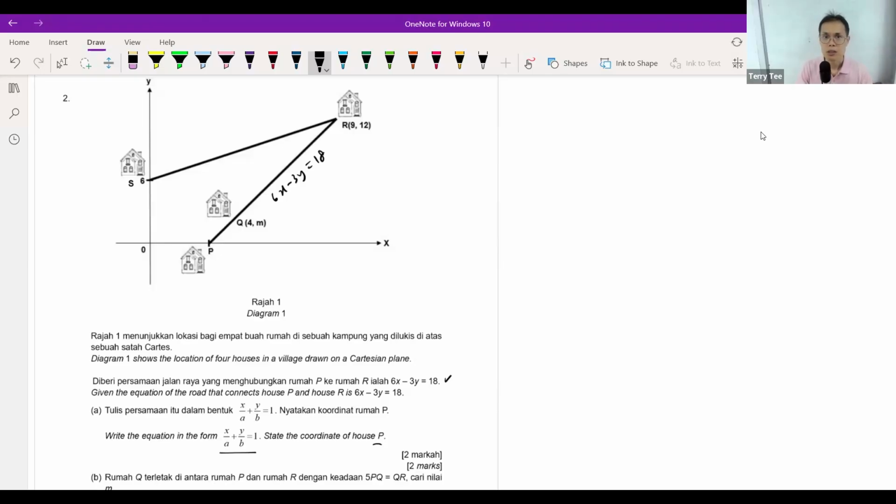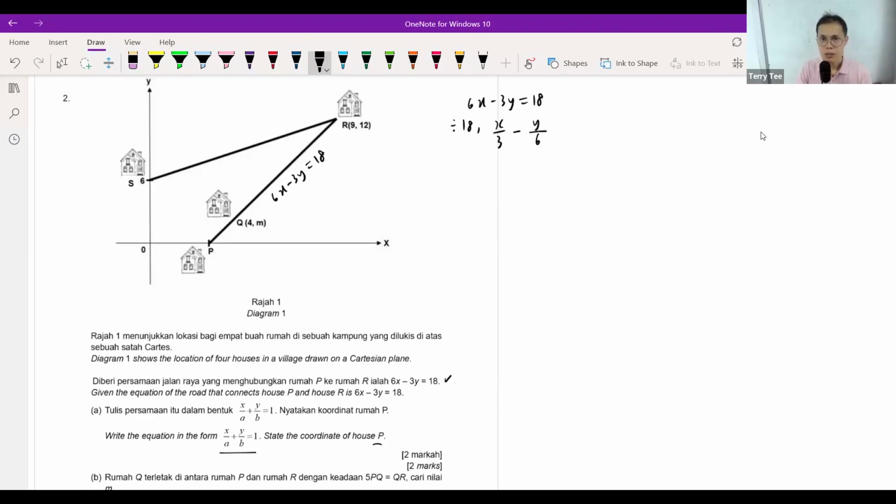Starting from here, 6x - 3y = 18. We divide everything by 18. Why do I divide by 18? Because I want to get a 1 over here. When you divide by 18, 6 and 18 cancel, left with 3, so x over 3. For the y term, 18 divided by 3 is 6.